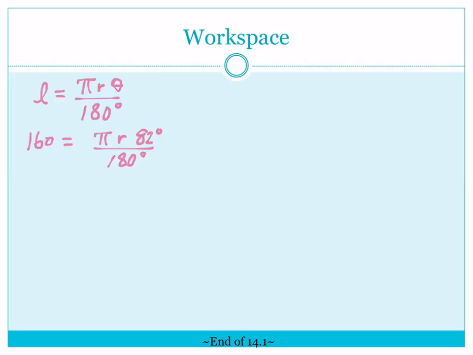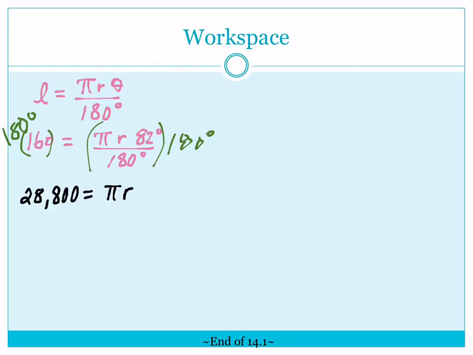On both sides. So what is 160 times 180? 28,800. And actually, we could have just canceled the degrees out here and not worried about it, because they will cancel.